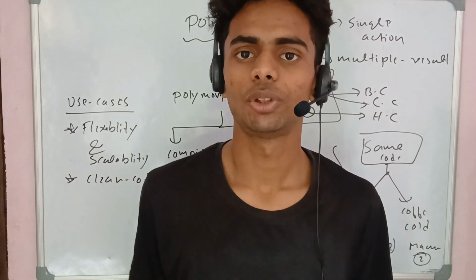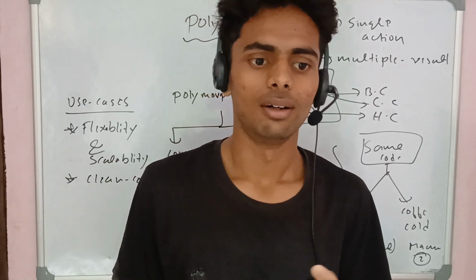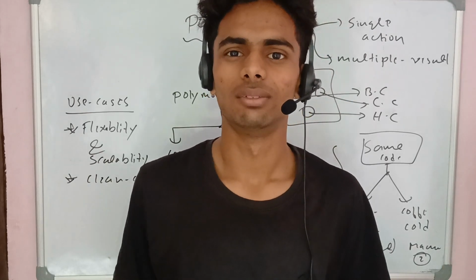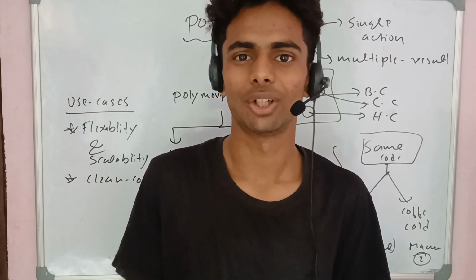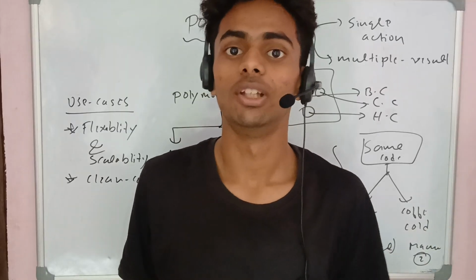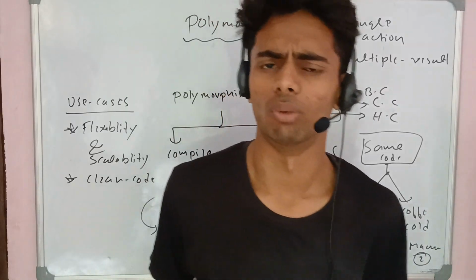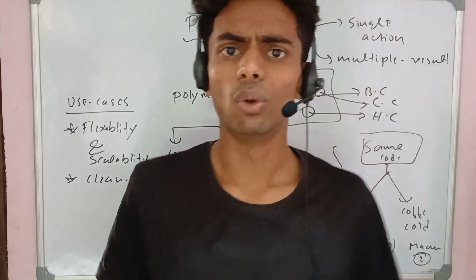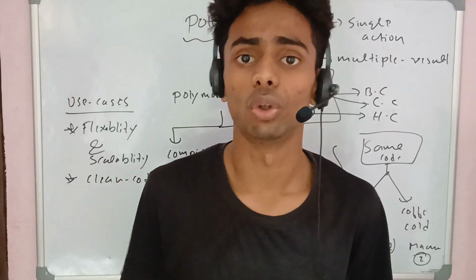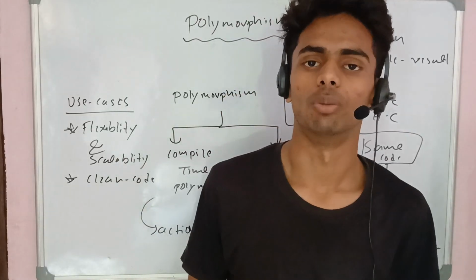So it helps us reduce the burden of the code, and its structure helps us maintain clean code without adding noise. It makes clean code, and it helps us make the code flexible. So that's the basic thing behind polymorphism.